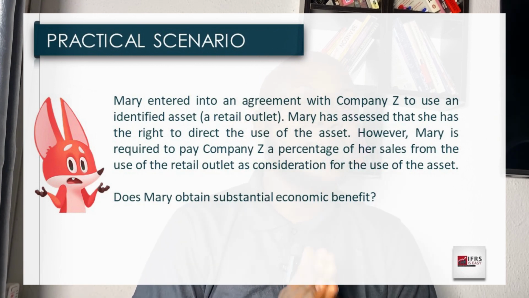The fact that Mary pays a particular part of his cash flows to the supplier does not negate the fact that Mary receives all cash flows. The first question to ask is, whenever the customer is paying, does the customer pay directly to Mary? There's no indication here that the customer does not pay to Mary, meaning that Mary receives all cash flows related to his retail outlet sales.